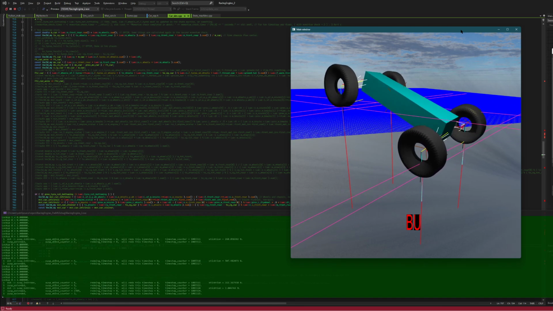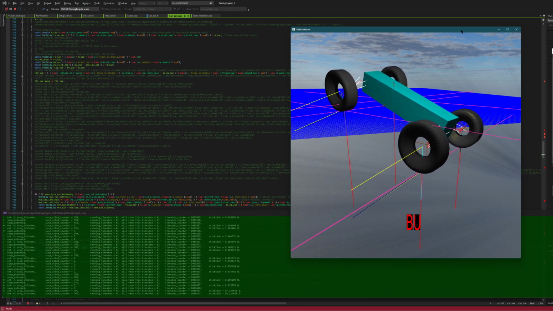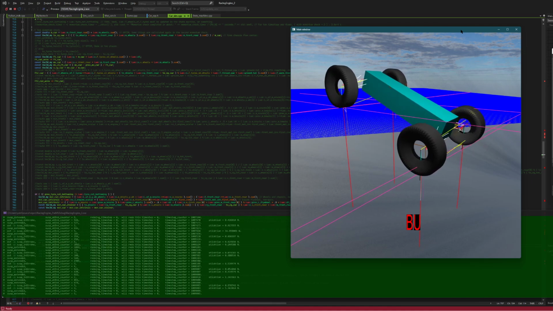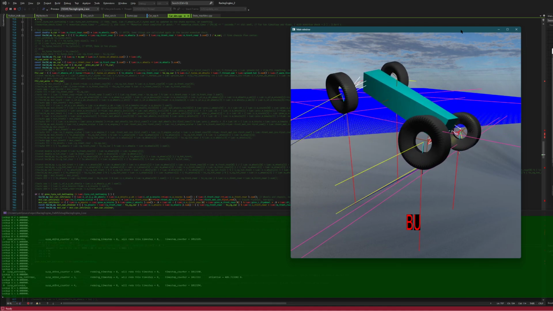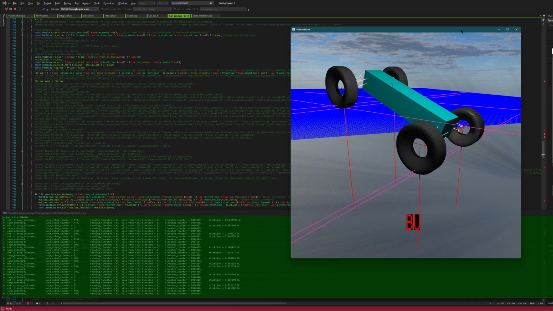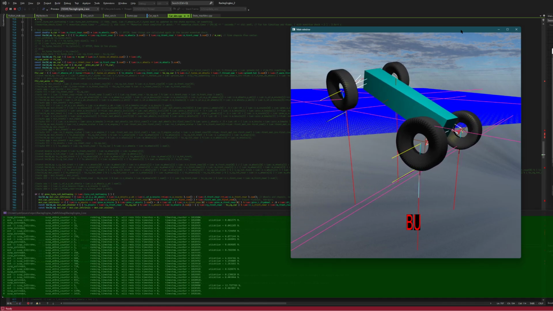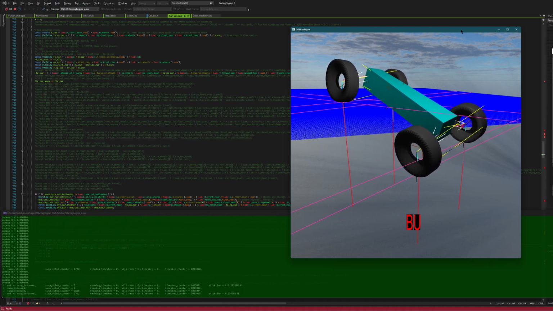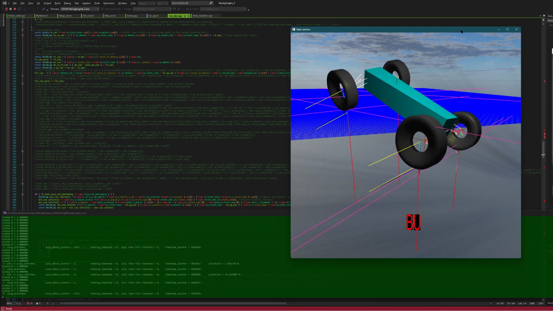And in this configuration where we have double A arms and the differentials are fixed to the chassis, the torque goes directly to the chassis and bends the chassis.